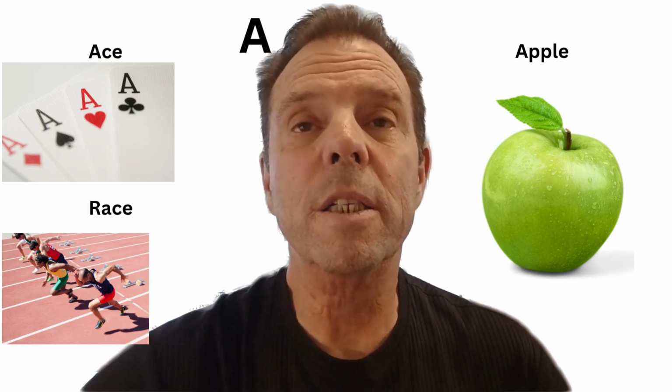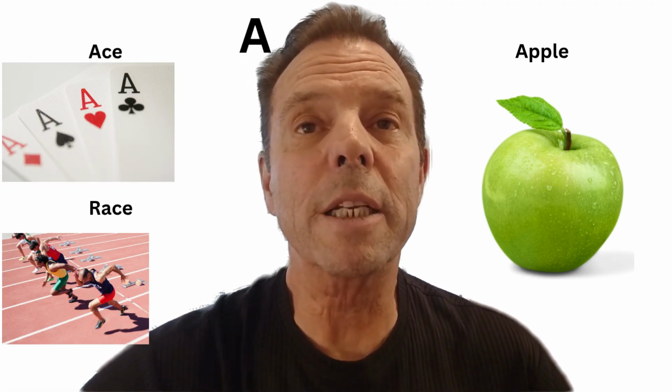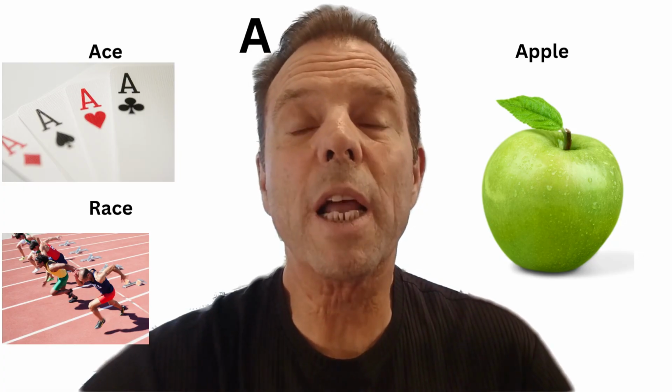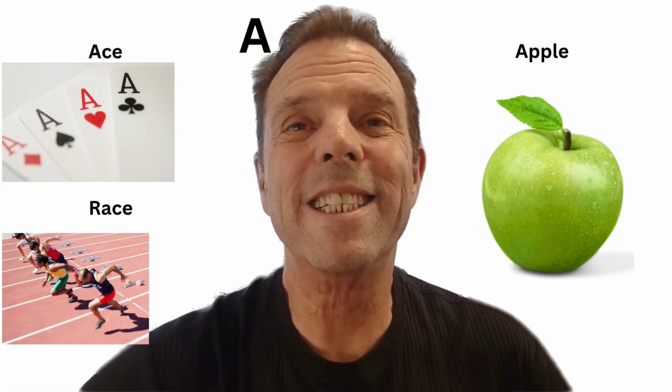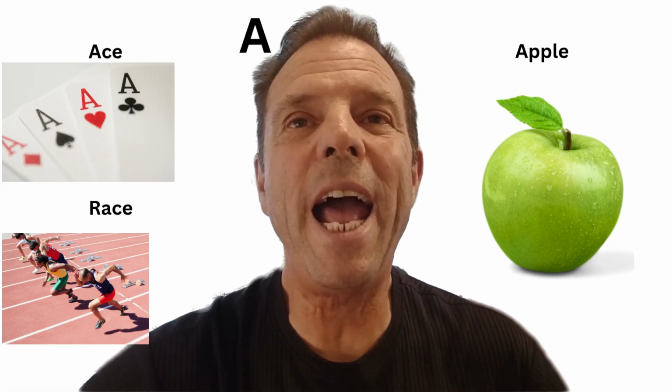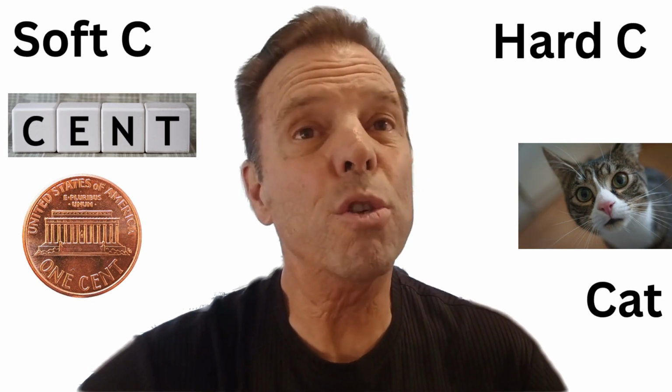So A says its own name as A, as in words like ace or race, but it also has a short sound, a, as in apple. B for ball, b. C makes two sounds.